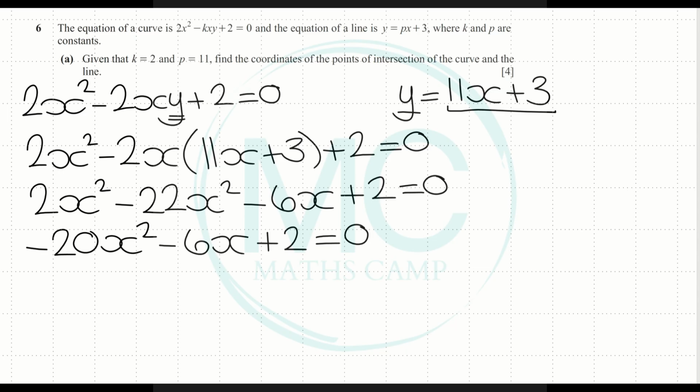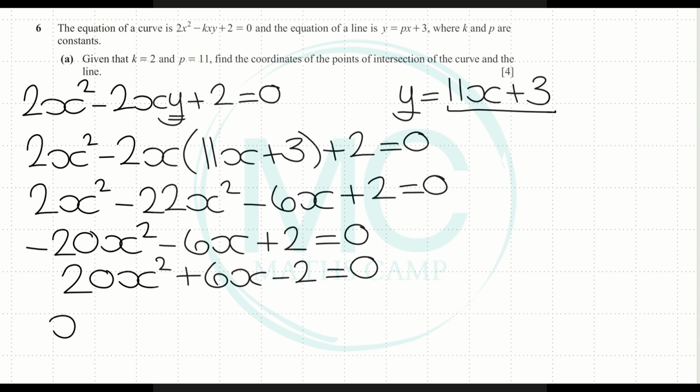When using a quadratic equation to solve for x, it's a good idea to make your x squared term positive, which means that we need to change the signs of the terms in our equation. We're going to get 20x squared plus 6x minus 2 is equal to 0. The easiest way to solve for x is to use the quadratic formula, because this way we don't need to simplify our equation.